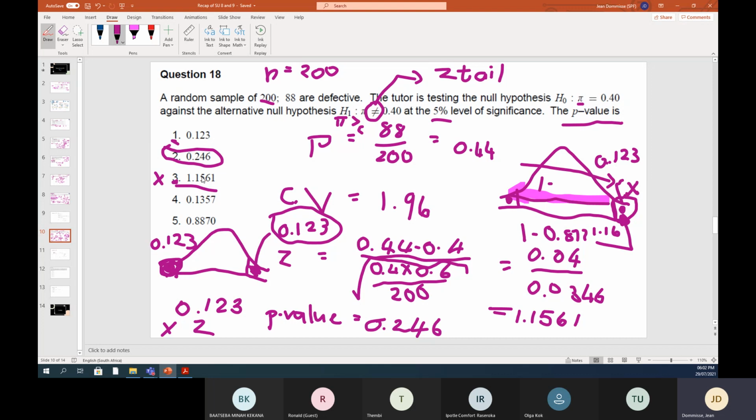Then what they also do is that they give you, and Ronald, that is very similar to the 0.877 as an option. So again, if you went and said, let's look at the positive table, you could have then stopped at that point and would have said, oh, that looks close enough. Let's go for option 5.